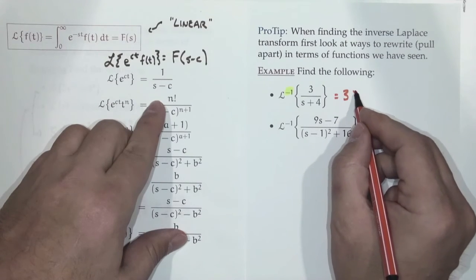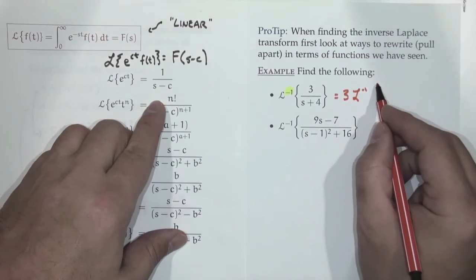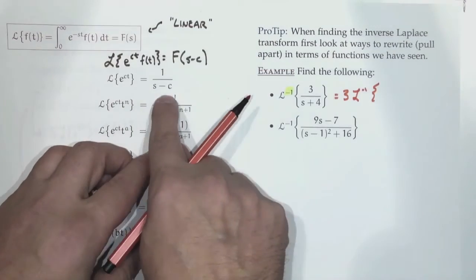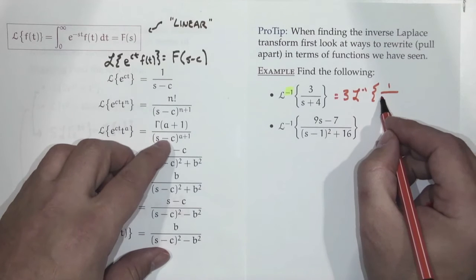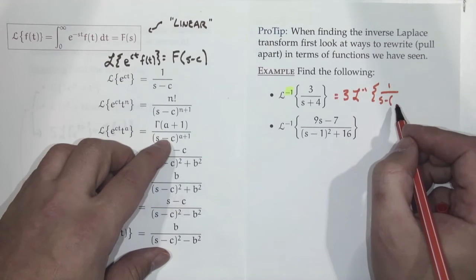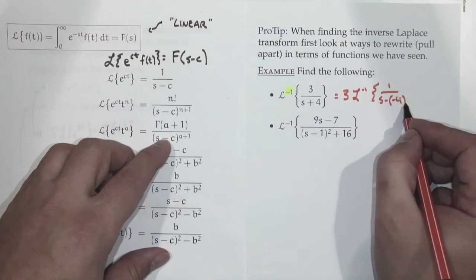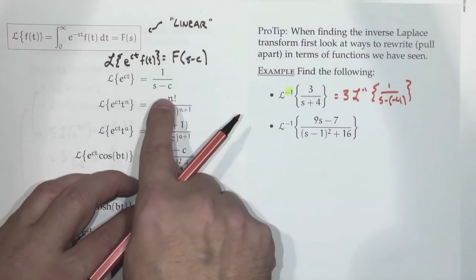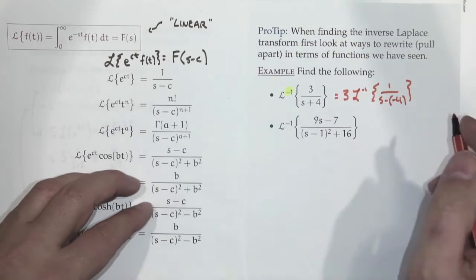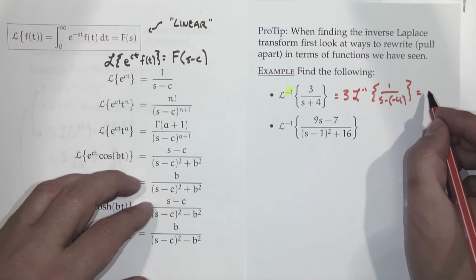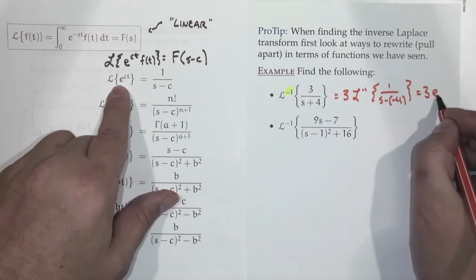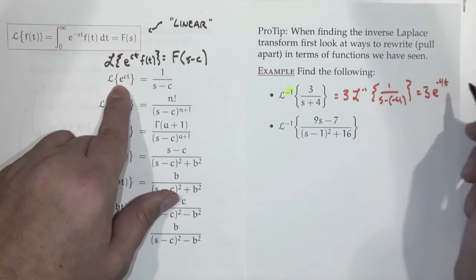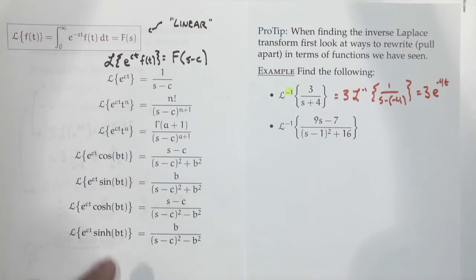That's allowed because things are linear. Another thing I can do is if I want s minus something, instead of s plus 4, I could write it as s minus what? Minus 4. And now I fit the mold. So what does that become? It becomes e minus 4t. All right, well that one wasn't so bad.